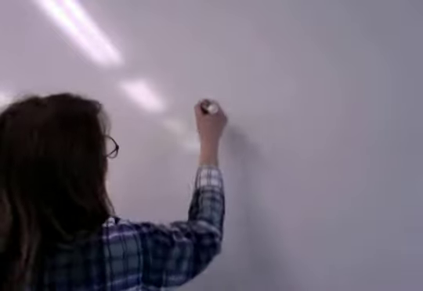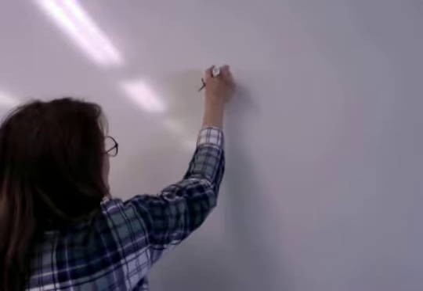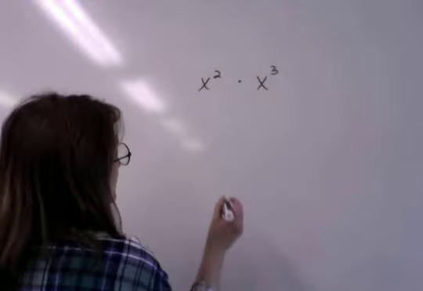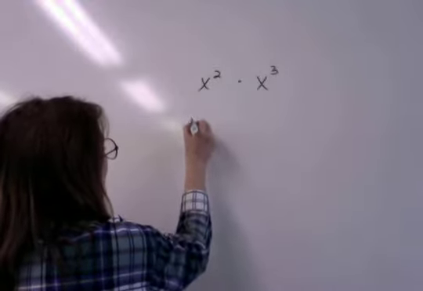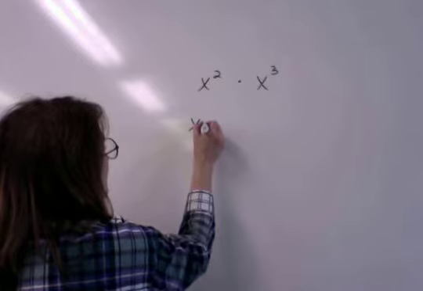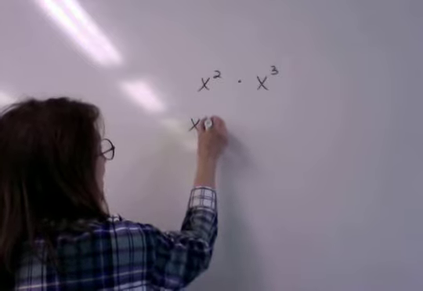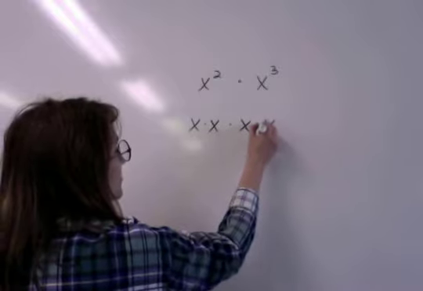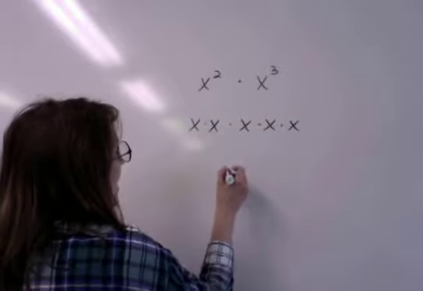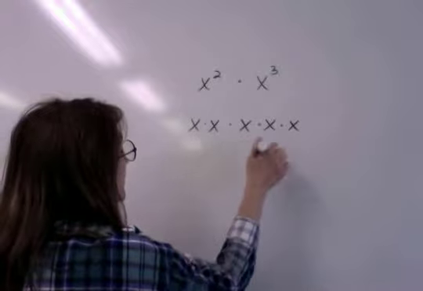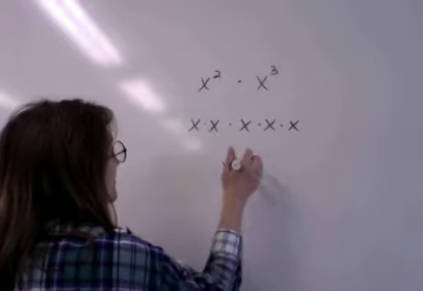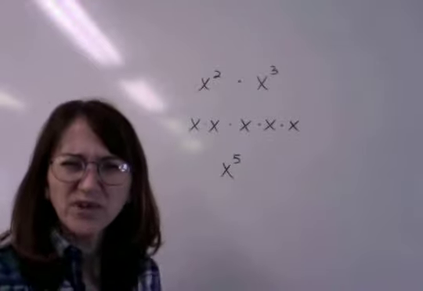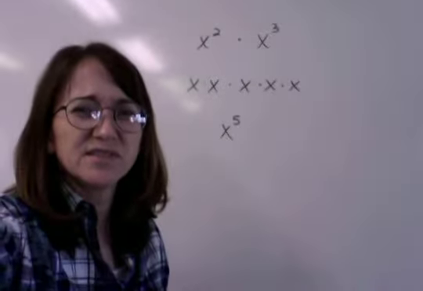If we had x squared times x cubed, technically I had 2 x's here, and then 3 x's over here being multiplied together. And then I would count how many x's that is, and it's 5.